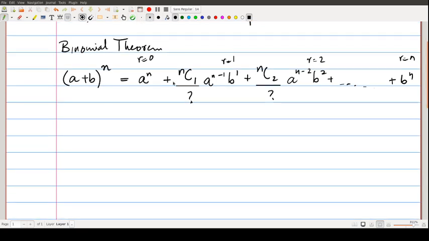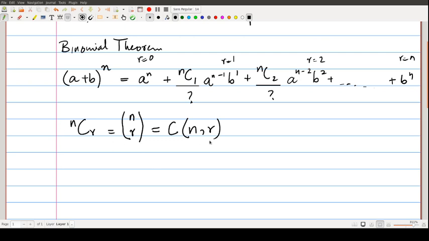Now, before we move on, I want to clarify that there are some notational differences. So nCr is the same as if you write in parentheses n, r, that's the same thing. And in your book they also use the notation C(n,r). And this is all the same.